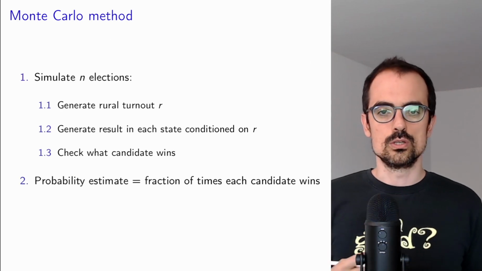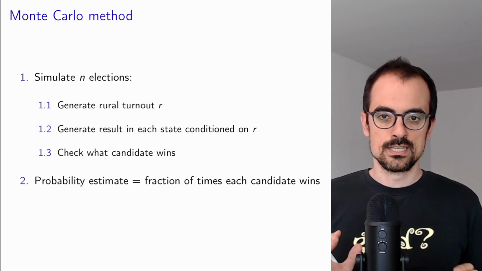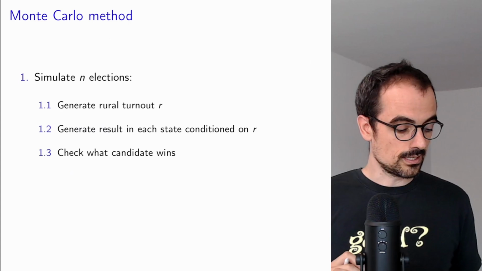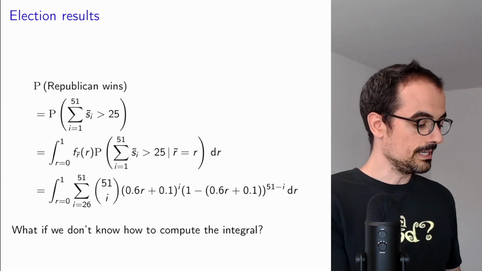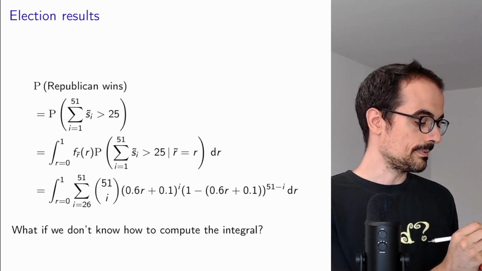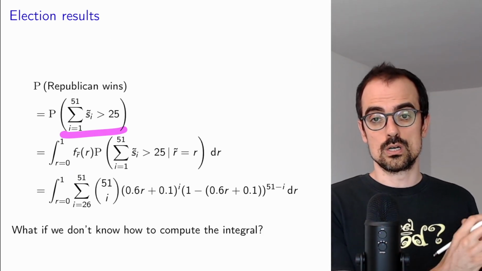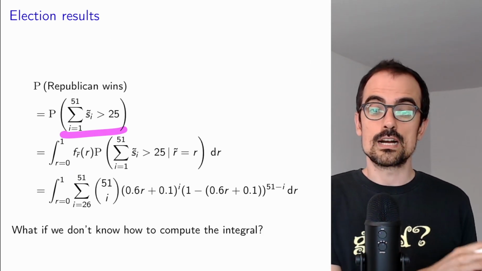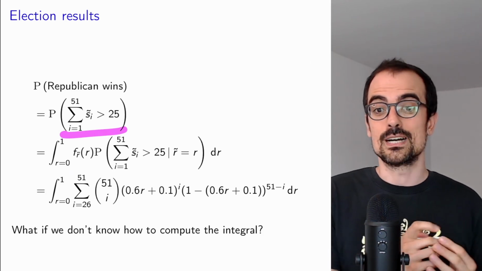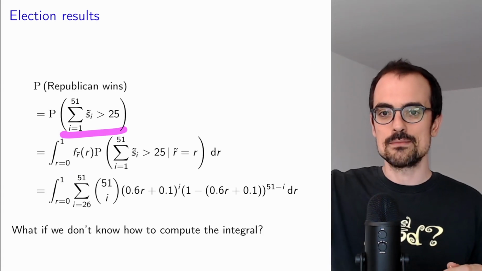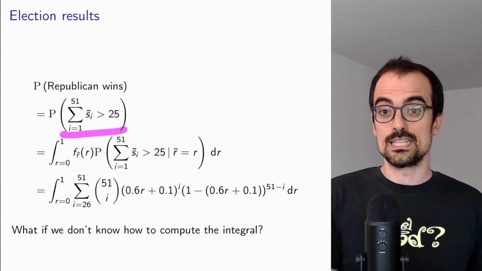And then our probability estimate is going to be the fraction of times each candidate wins. This should give us the same result as the formula, because the formula is the probability that this happens. And the Monte Carlo method, if we manage to simulate this random variable, allows us to approximate this probability by simulating the corresponding random variable many times, and just computing the empirical probability.